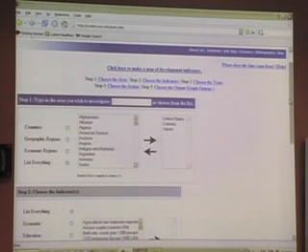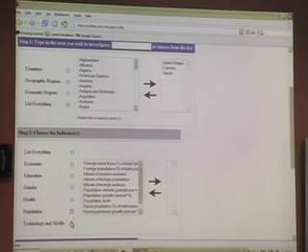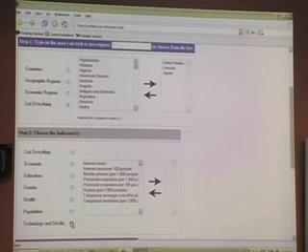Okay, so the next step is we choose the indicator, and they also are grouped into economic, education, gender, health, population, technology and media, or everything.